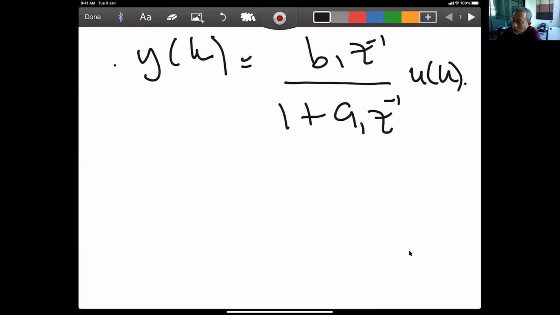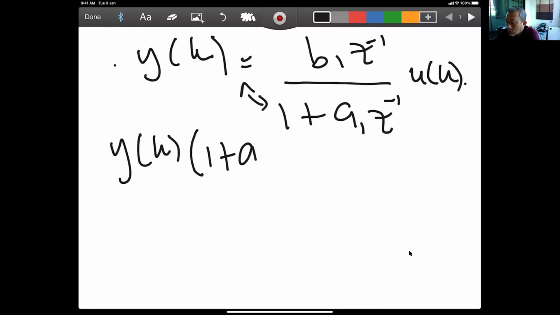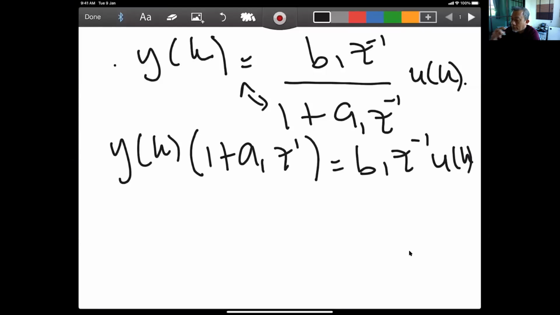So how do you get the equation? You just cross multiply. y k times 1 plus a1 z minus 1 equals b1 z negative 1 and u k.